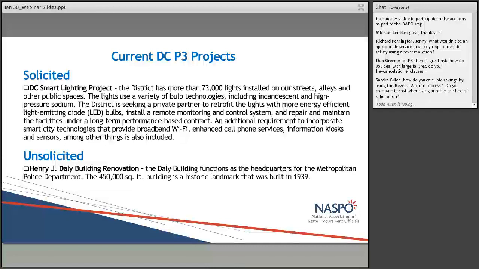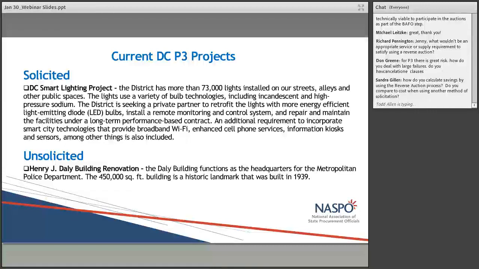I think so, yeah. I'm trying to make sure we're not missing any good questions from the audience. I see a good question from Richard here. What wouldn't be an appropriate service or supply requirement to satisfy using a reverse auction?